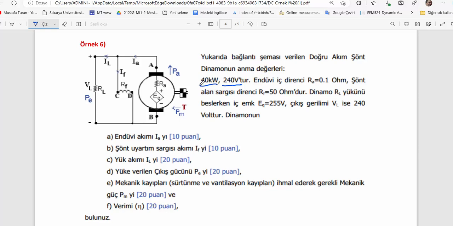Try to understand what that means. The armature resistance Ra is 0.1 ohm and the shunt field winding resistance RF is 50 ohms. And then the dynamo supplies the load RL.